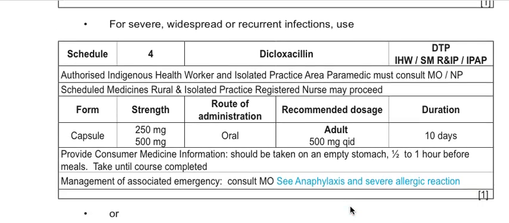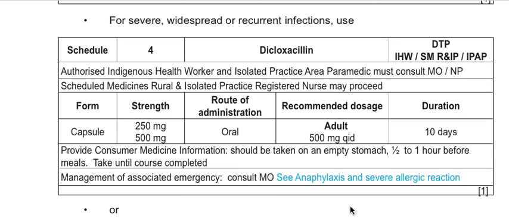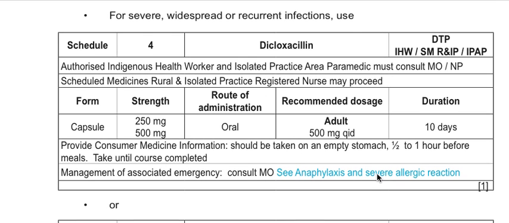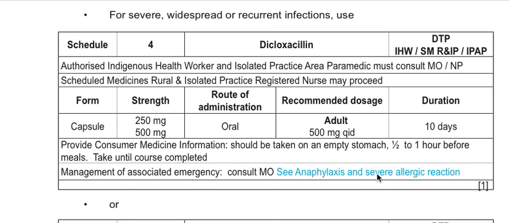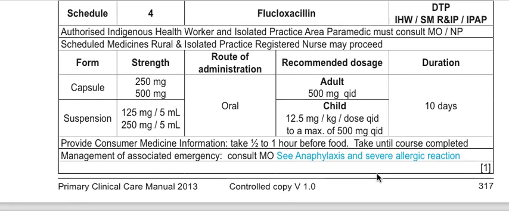Severe and widespread recurrent infections. Think about Diclox orally for an adult, 500 milligrams QID, 10 days. Fluclox, similar deal, 500 mg QID or 12.5 mg per kg.